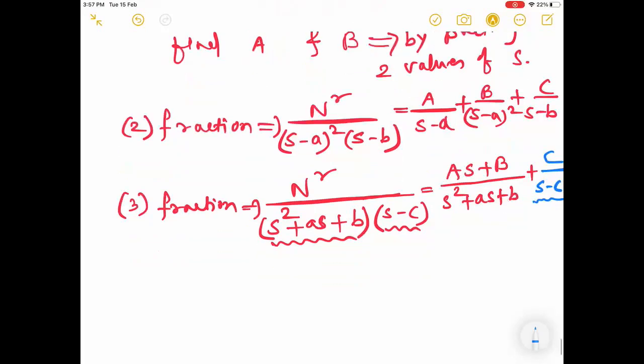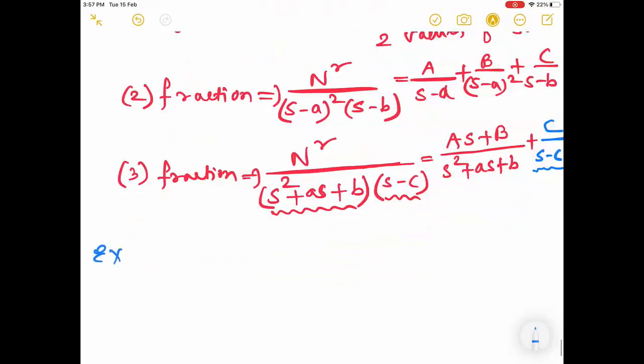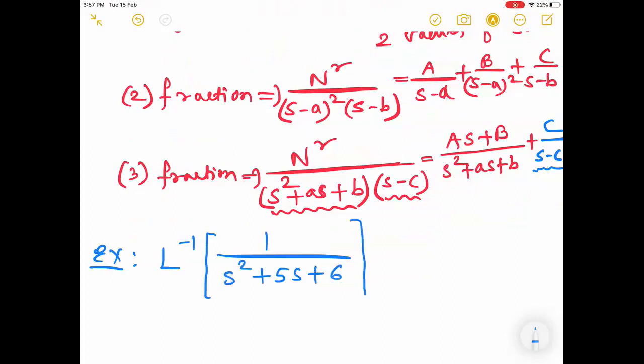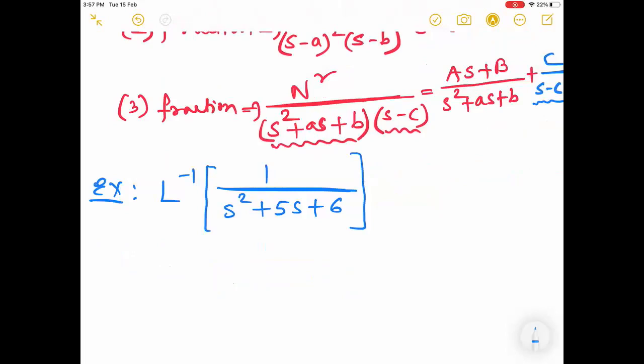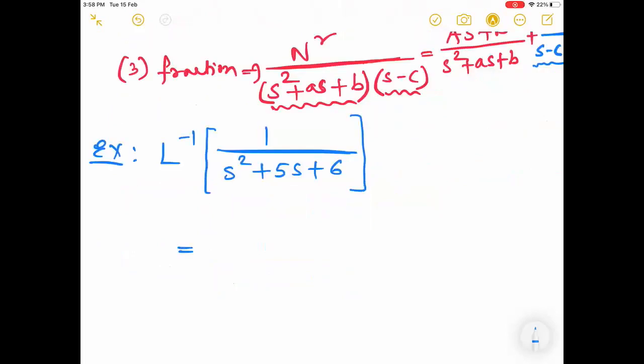Yes, for example, suppose if I want to calculate inverse transform of 1 upon, say, s square plus 5s plus 6. Suppose this is my function of s. Then what I can do, I'll try to split the denominator as the linear factors.